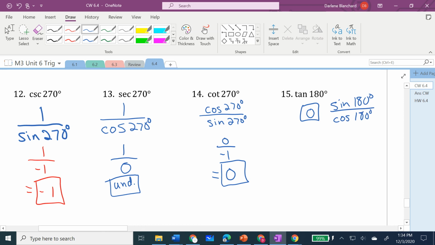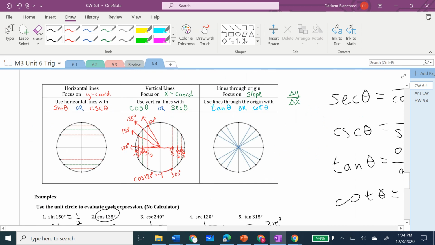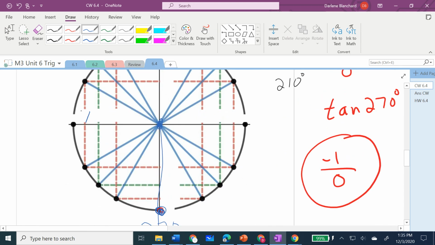The sine of 180 is the y-coordinate at that point, which is 0, and the x-coordinate is -1. I find it so much easier looking at slope. With tangent, it's always asking what is slope. Cotangent is always asking what is the slope's reciprocal.